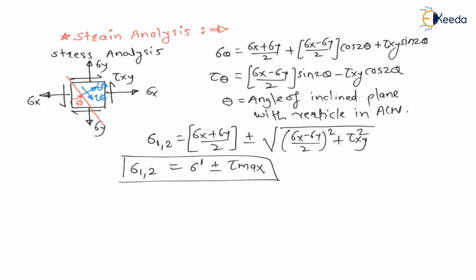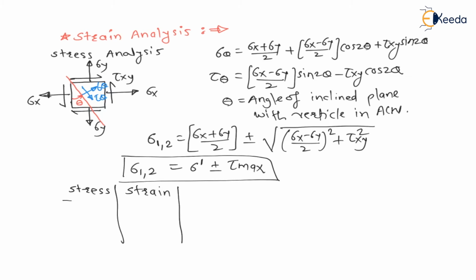Now why am I going through this analysis? Because strain analysis and stress analysis are exactly similar, right? In strain analysis, the correction we have to make is only to replace stress with strain.